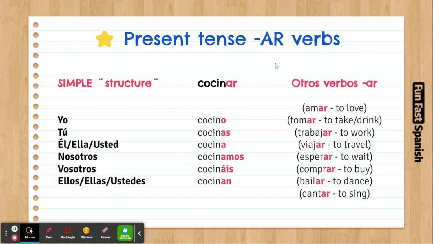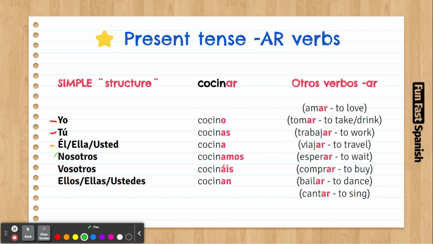Today's video is going to be about the present tense for our AR verbs. For now, we are going to concentrate on these two personal pronouns, yo and tú. On a second stage, we are going to concentrate on the third person.